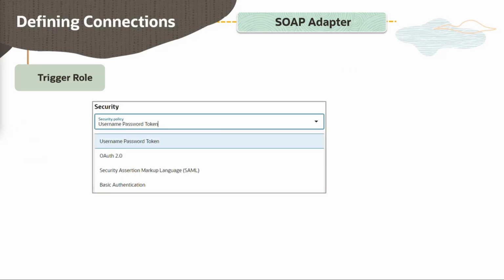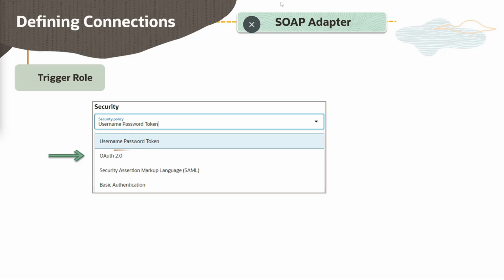In the security section, you'll need to decide how clients will be required to provide their credentials. With the username password token policy, clients must send a username and password as part of the WSEE SOAP header, while the basic authentication policy requires clients to send the username password as HTTP headers. SAML, of course, expects a valid SAML token from the client.